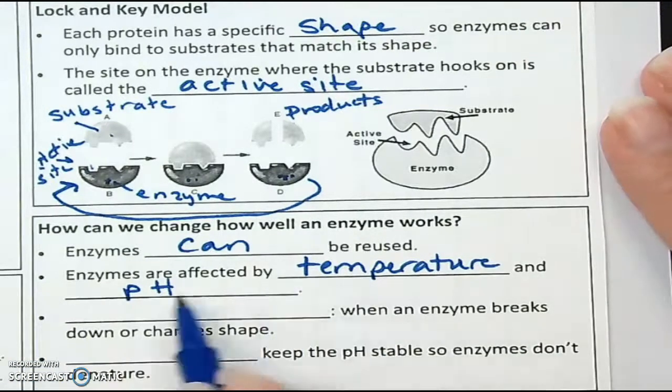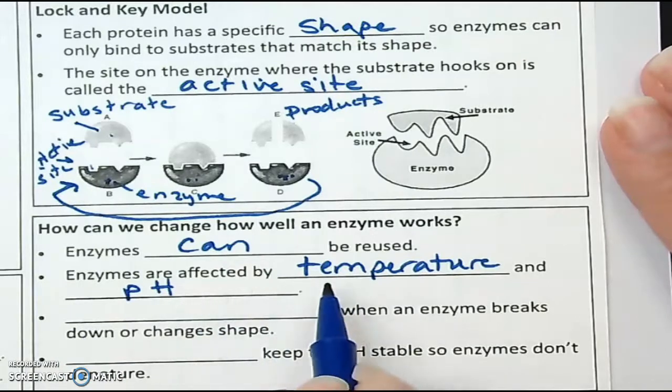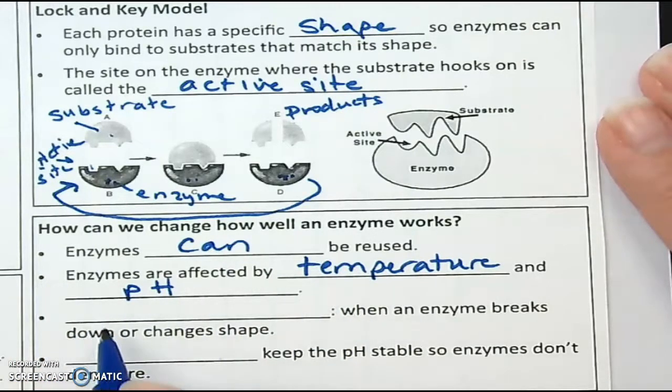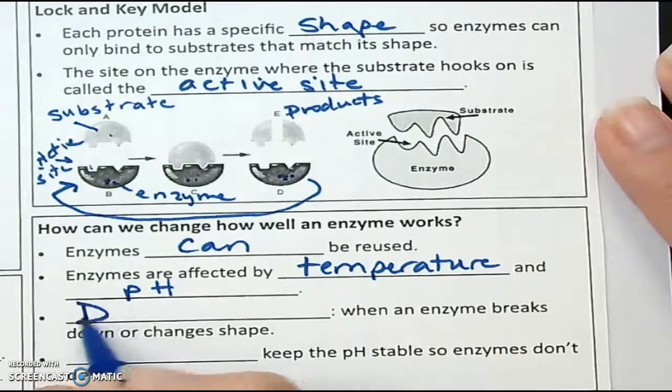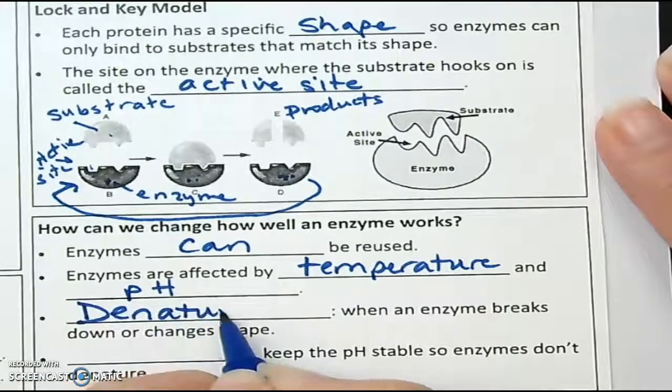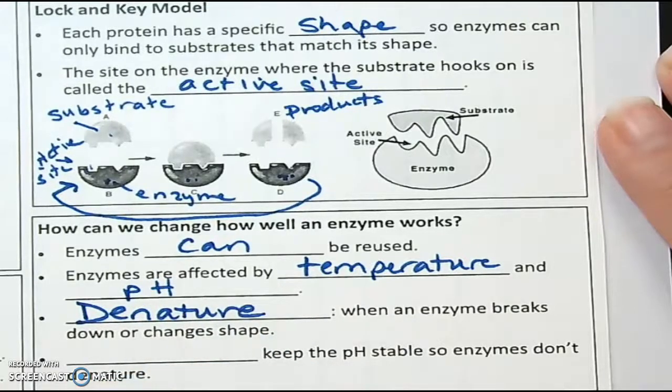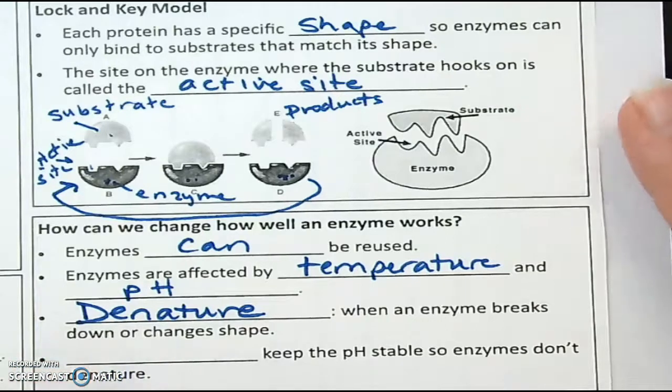If they get out of their temperature range or their pH range, they change shape. And there's a name for that. It's called denature. Denature is what we call it when an enzyme breaks down or changes shape. So it would actually get almost like warped.